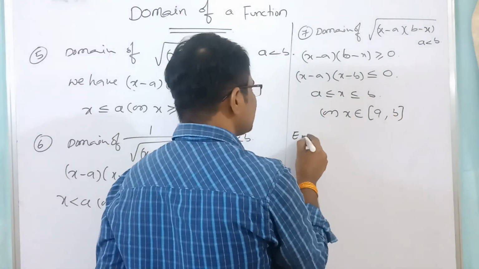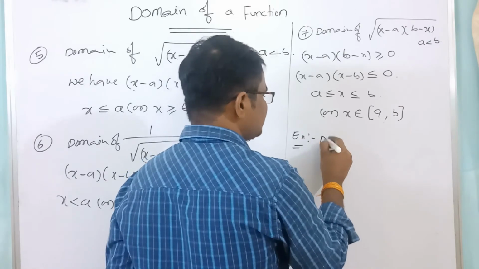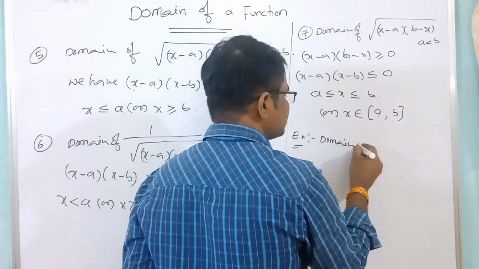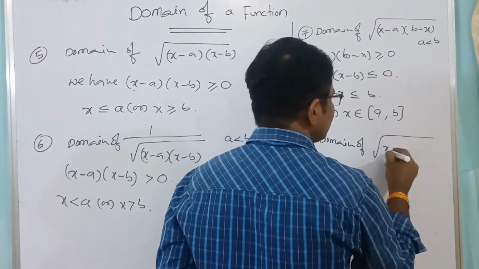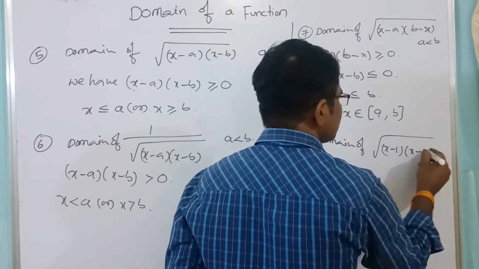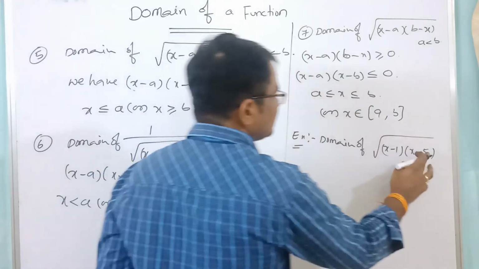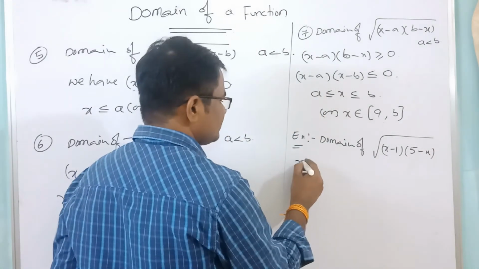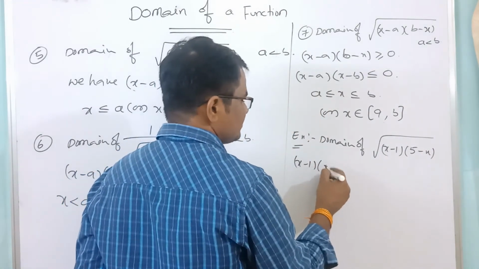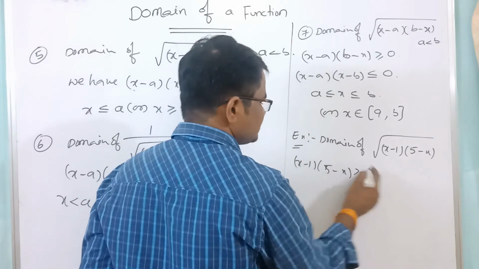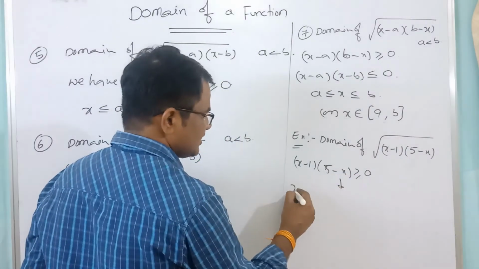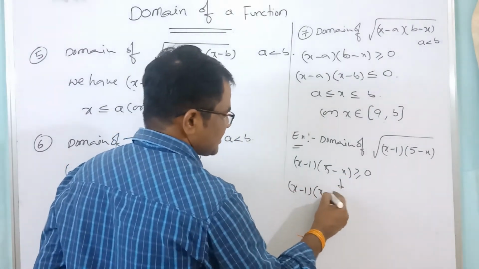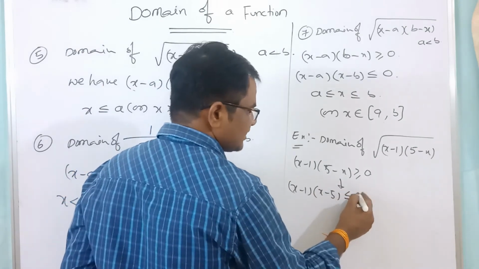Suppose if you want to take one example, they will give it like this: domain of root of (x minus 1) into (5 minus x). Now what we have to take? (x minus 1)(5 minus x) greater than or equal to 0. Multiply with minus for this one: (x minus 1)(x minus 5) less than or equal to 0.